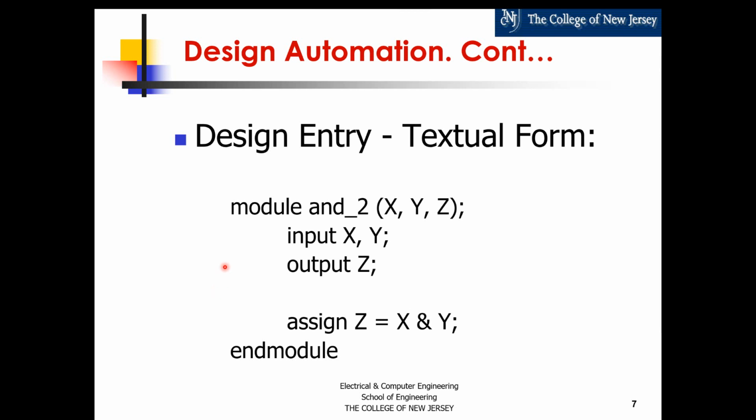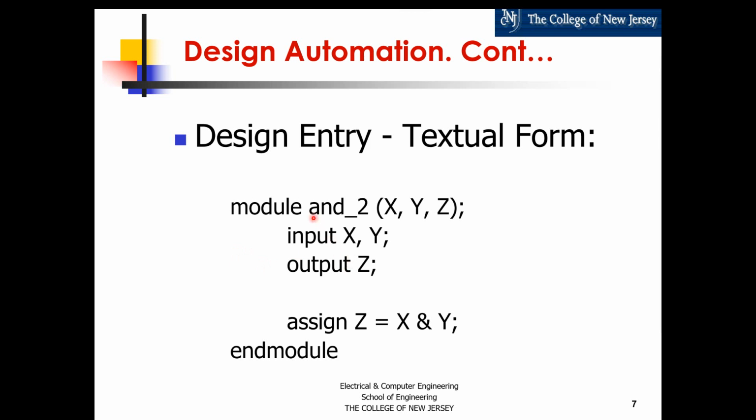So there is hierarchy. The other part is that modules communicate and interface with other modules as part of the system in which they reside. So modules have to have ports. And normally ports can be inputs or they can be outputs.